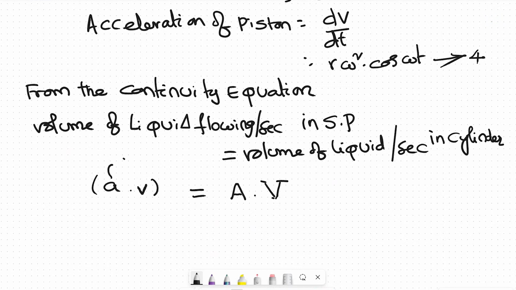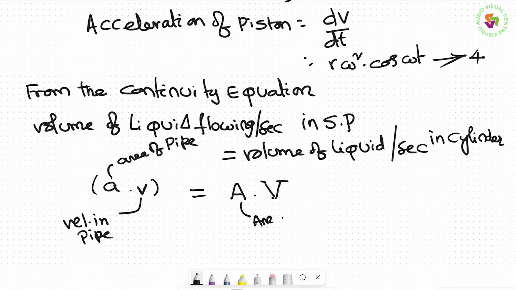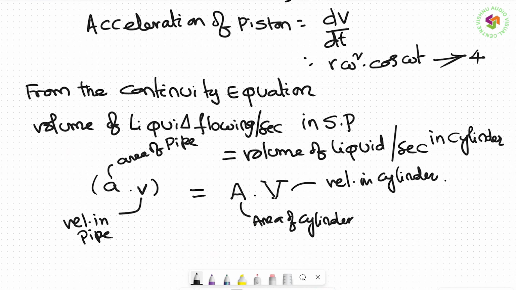So this is area of pipe, this is velocity in pipe, this is area of cylinder, this is velocity in cylinder. Understood? Then let us move.